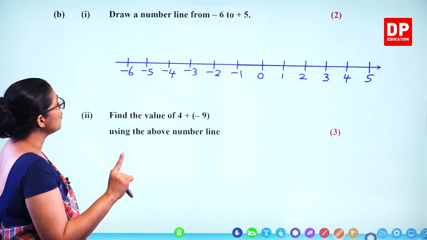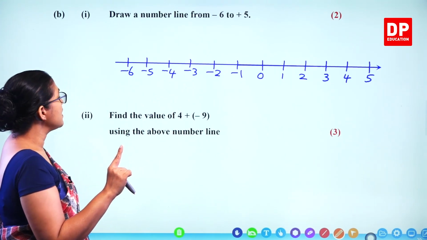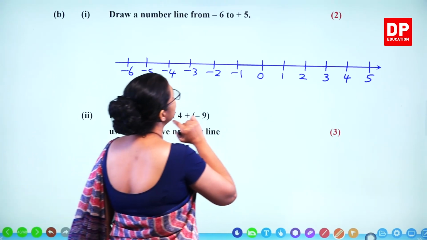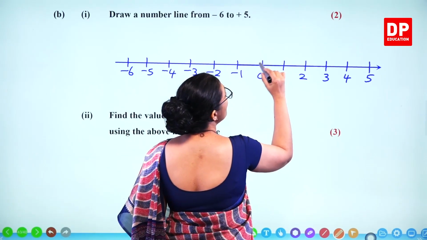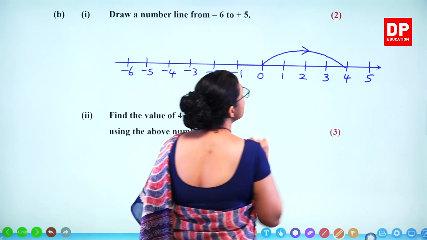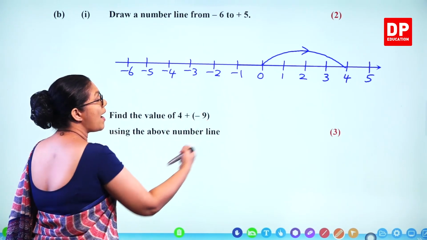Then find the value of +4 plus -9 using the above number line. So starting with +4. From 0, +4 is this way. So that's here. Then you are adding -9.